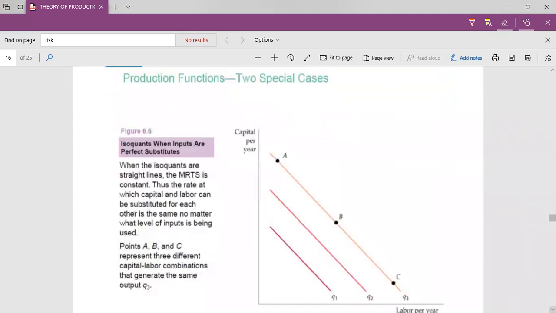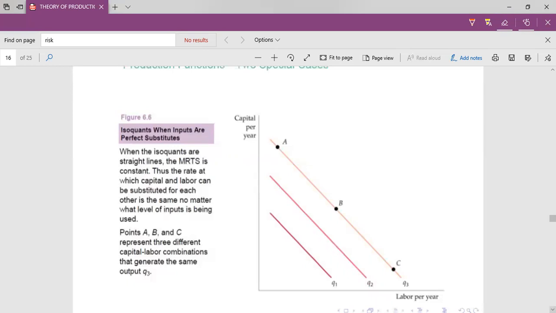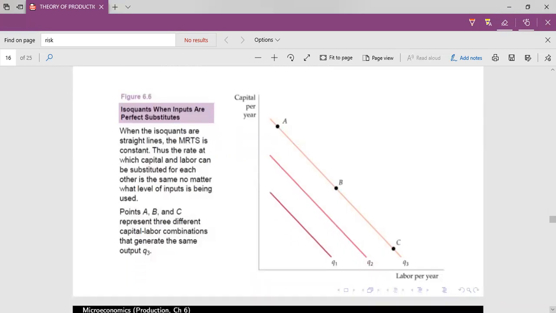So that was the isoquants when we have two different factors of production. But we can also have isoquants when these inputs in the production process are perfect substitutes.